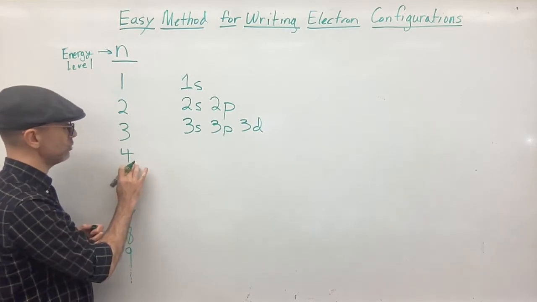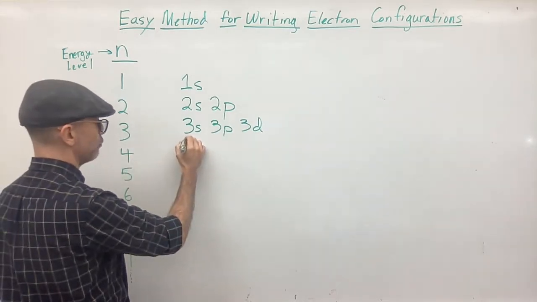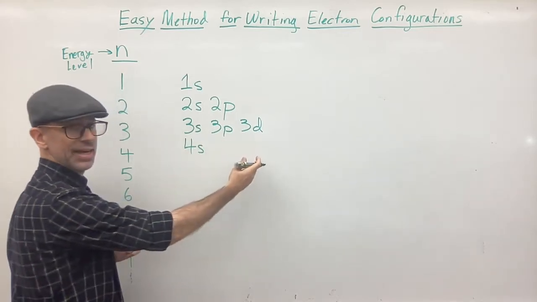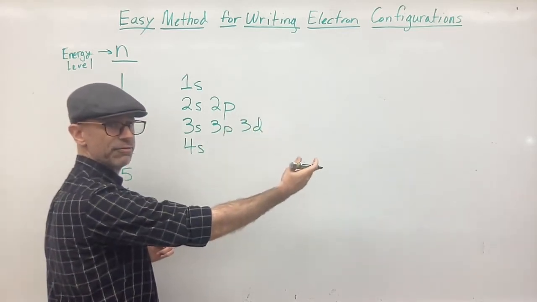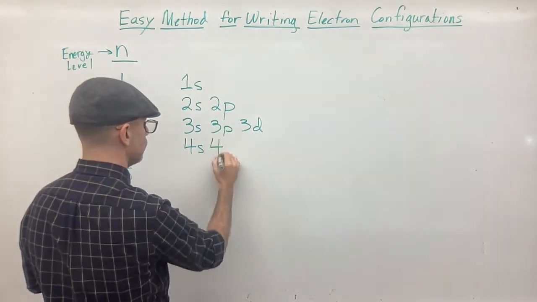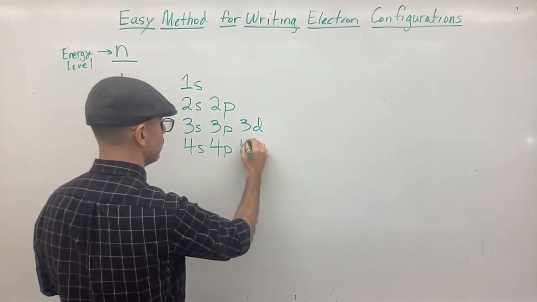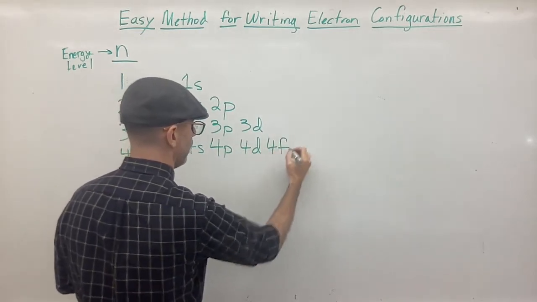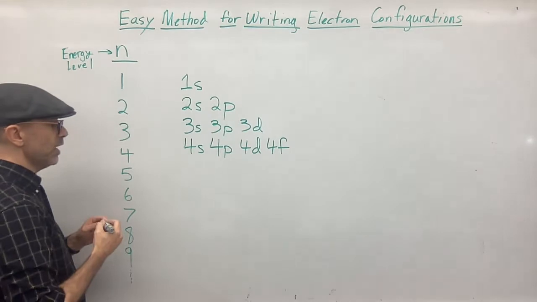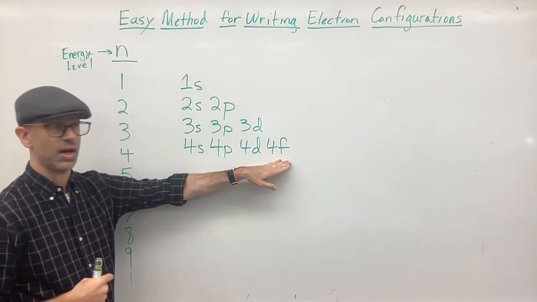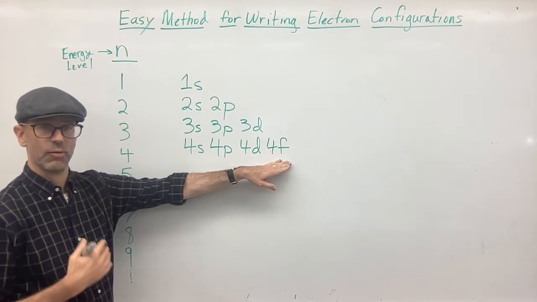So we're at energy level number 4, so we're going to add 4. So that's going to be S, P, D, and now we're going to add F. So the F sublevel. So that's going to be 4S, 4P, 4D, and 4F.